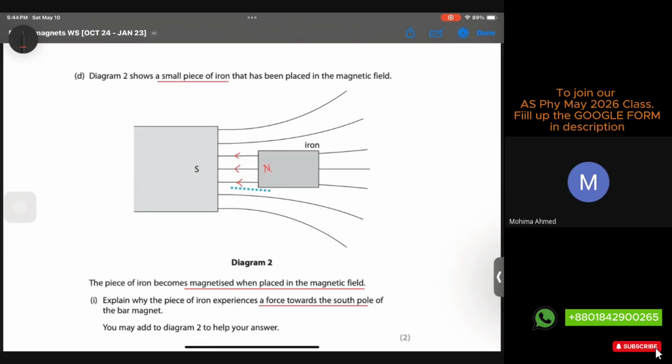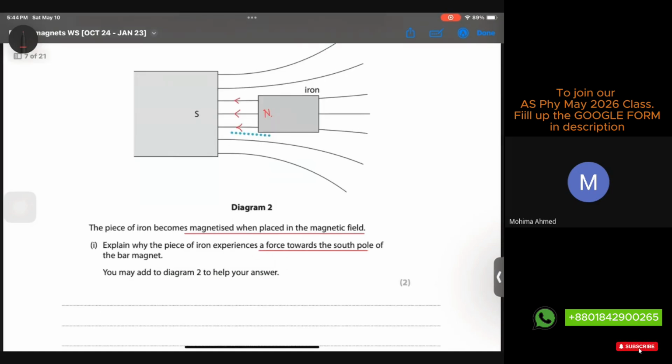So finally I write that the front face of the iron is acting as a north pole, or I can say there is a north pole induced on the front face of the iron, and as opposite poles attract, that's why the iron is attracted towards the permanent magnet.